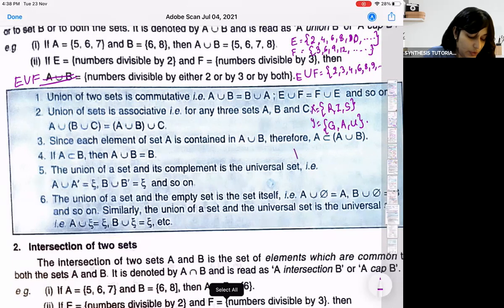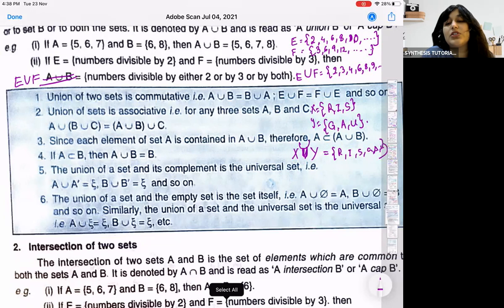But you can still make a union between the two. Let's say if you do X union Y, इसके और इसके दोनों के एलिमेंट्स आ जाएंगे, RISGAU. Are you understanding? So it's not necessary that there has to be a common element. If at all there is a common element, then you don't repeat writing it. Write it once. Got it?